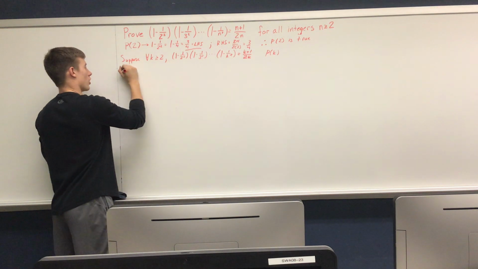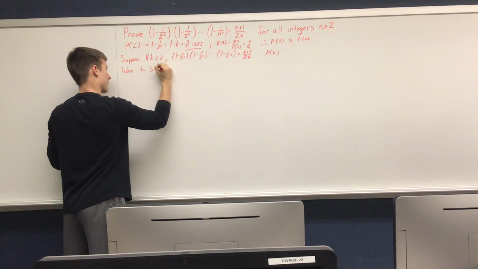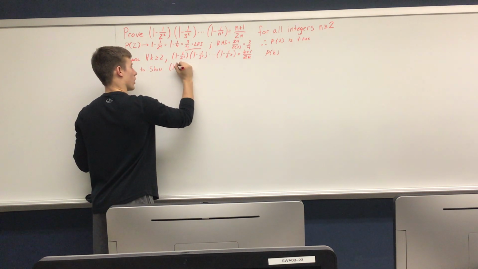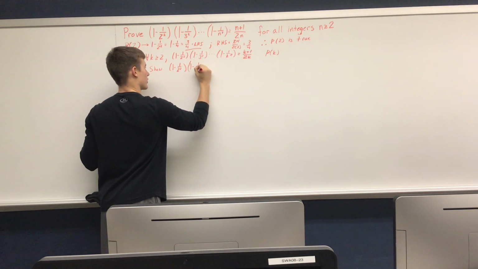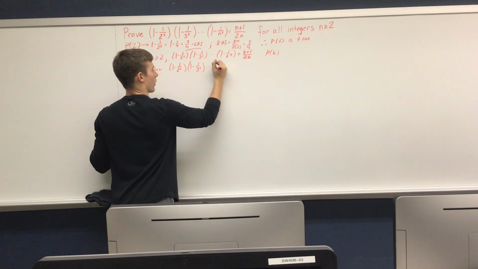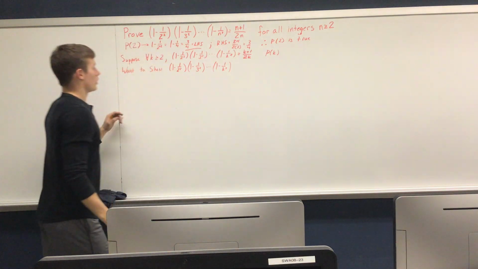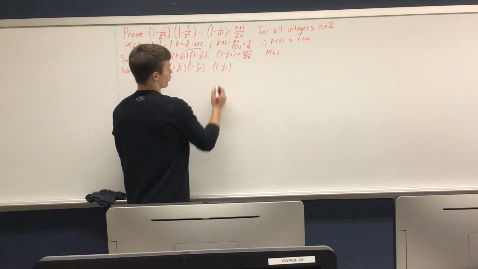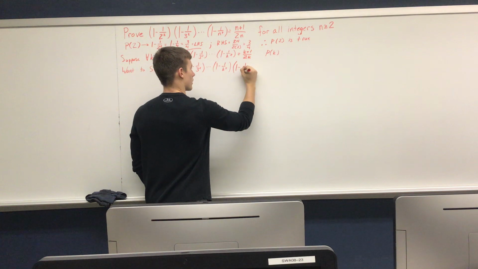We want to show that (1 − 1/2²)(1 − 1/3²) all the way to (1 − 1/k²), so we have P(k), and then we're going to add one more term to P(k). So we're going to do P(k + 1). So we're going to add another term, which is then 1 − 1/(k + 1)².